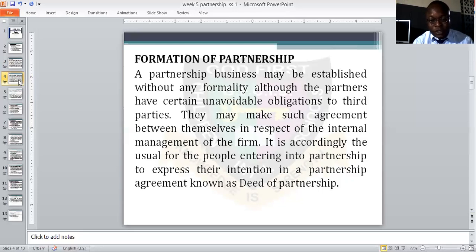By the time people are entering into the partnership, they need to express their intention in a partnership agreement. This agreement we are talking about is also known as a deed of partnership.